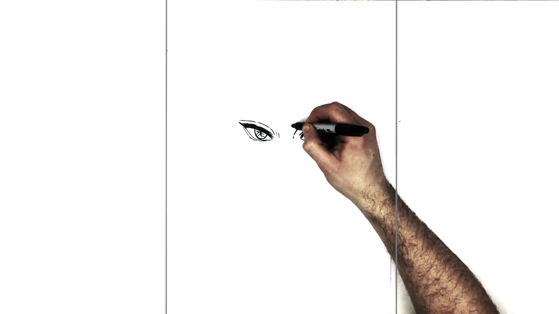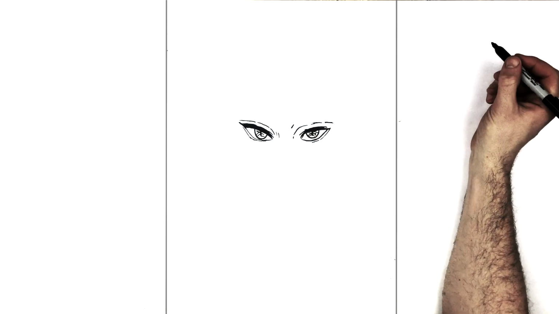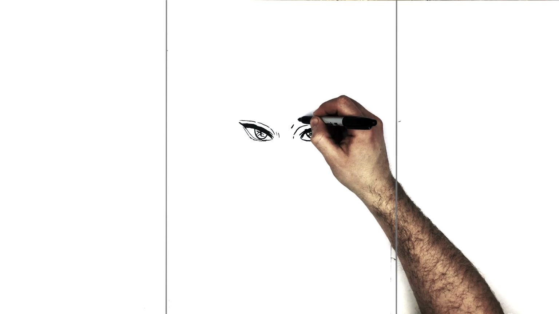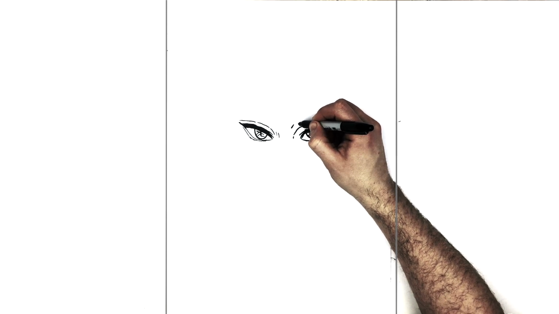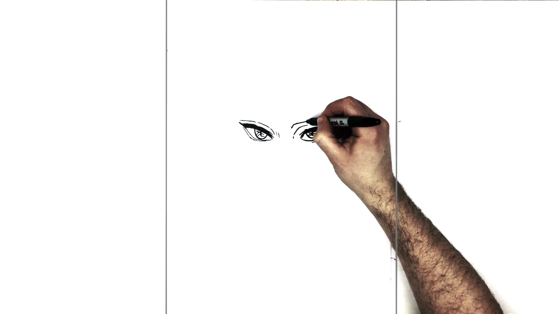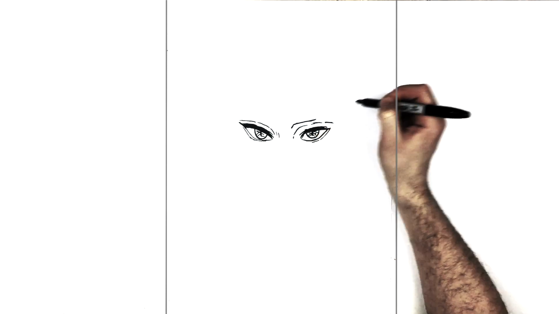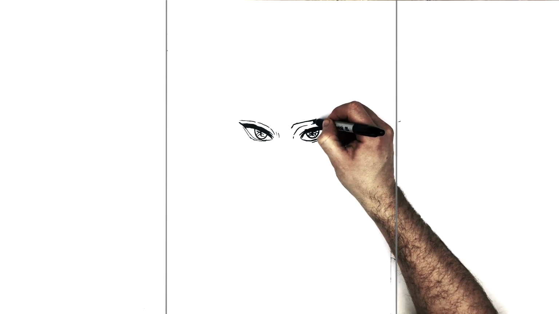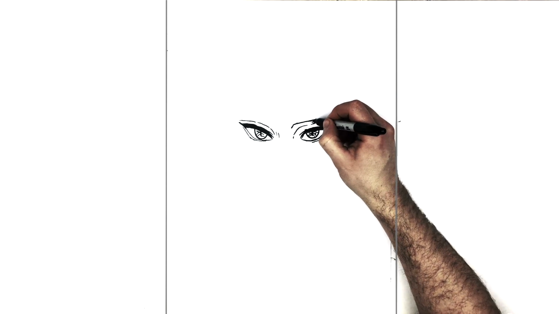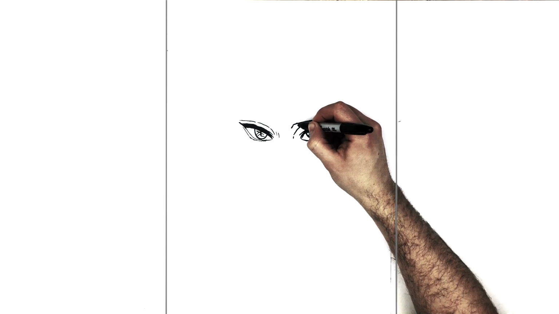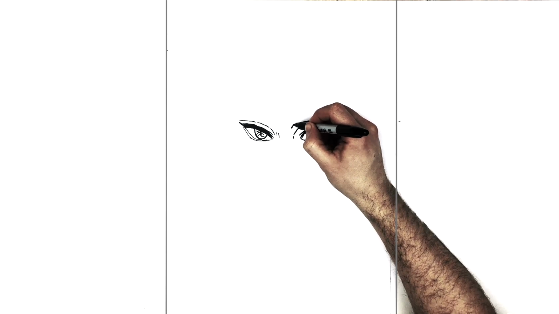So what I mean is, they go up diagonal here, and then we go across the top to about here, right? And this is the thick part, so we'll bring it down like so, and back in to here.